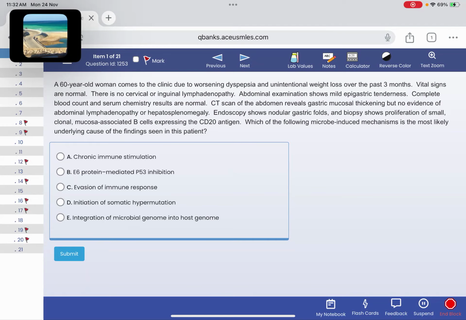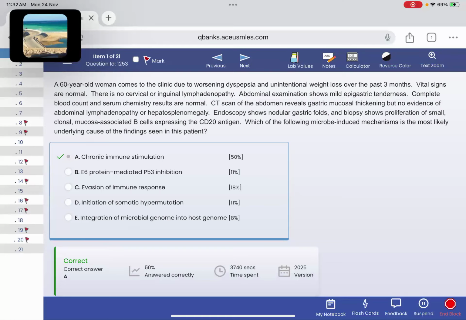Okay, and this chronic immune stimulation of B and T cells actually leads to the production of these monoclonal B cells, which leads to this MALT lymphoma, right? All right, let's go to the next question.